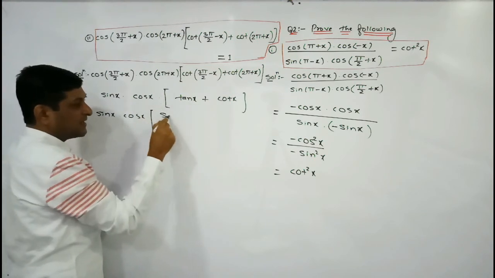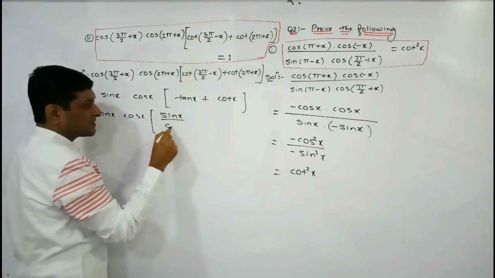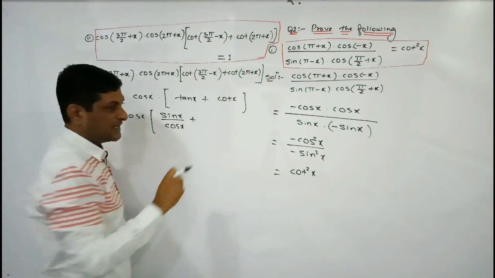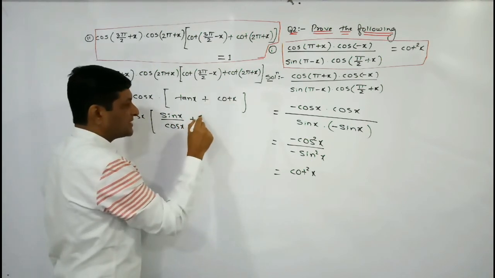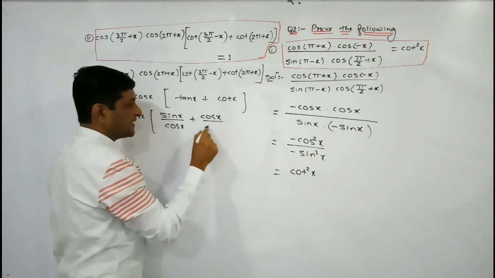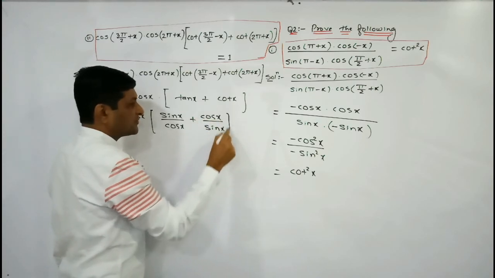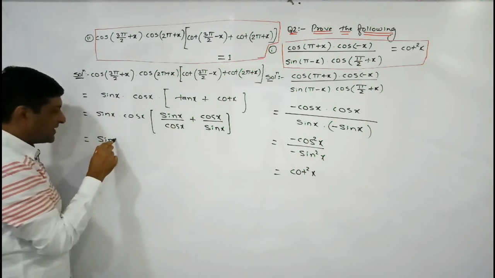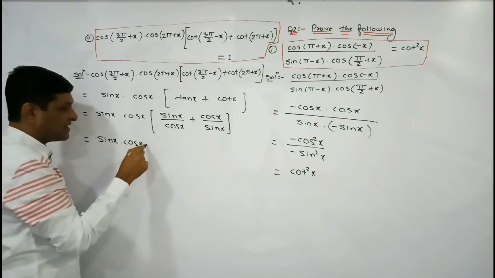So tan can be written as sin x upon cos x. We know that every trigonometric function can be converted in terms of sine and cos. So cot can be written as what? Cos x upon sin x. Now the whole expression is in terms of sine and cos. Let us simplify it, and simplifying it we will try to get our required result 1.